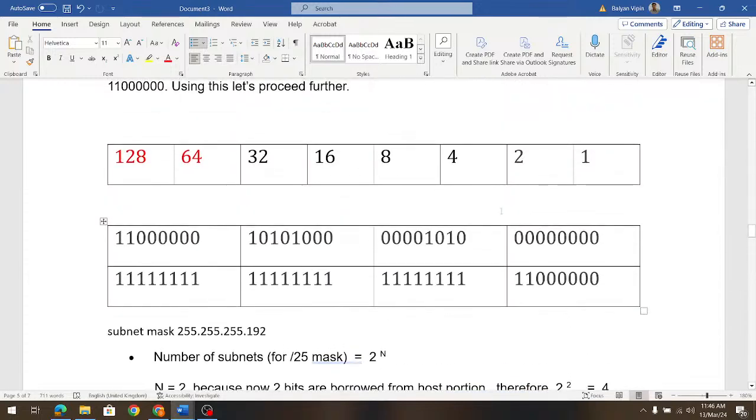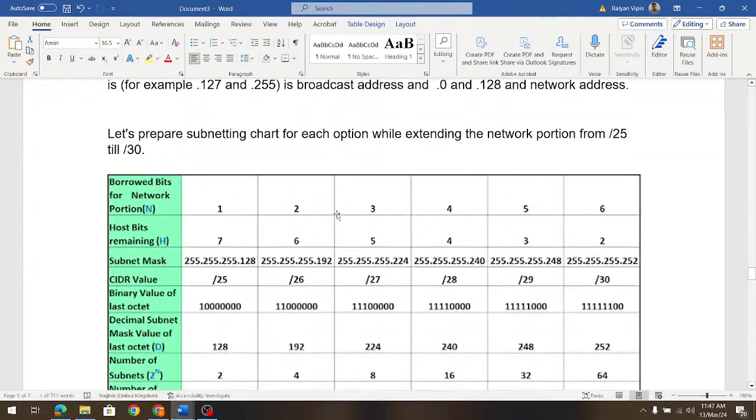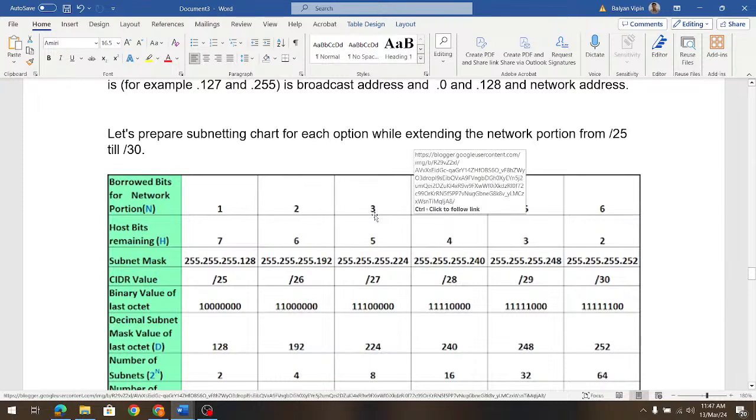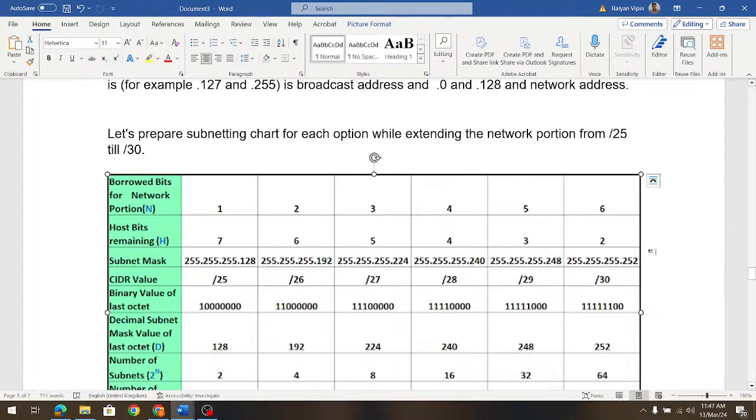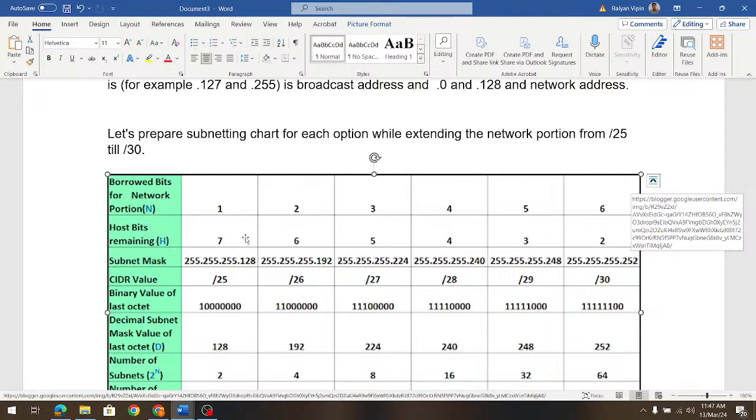So how many bits are we borrowing? 25 will be the CIDR, then 26, then 27, 28, 29 or 30. Depending on that, the number of host bits changes. This table will explain how that works. The number of host bits out of 32, because 24 are reserved for class C, will be 7, 6, 5, 4, 3, 2 for CIDR 25 onwards.